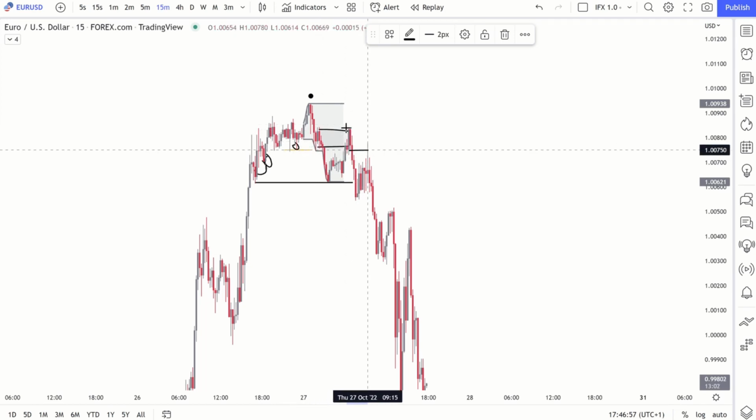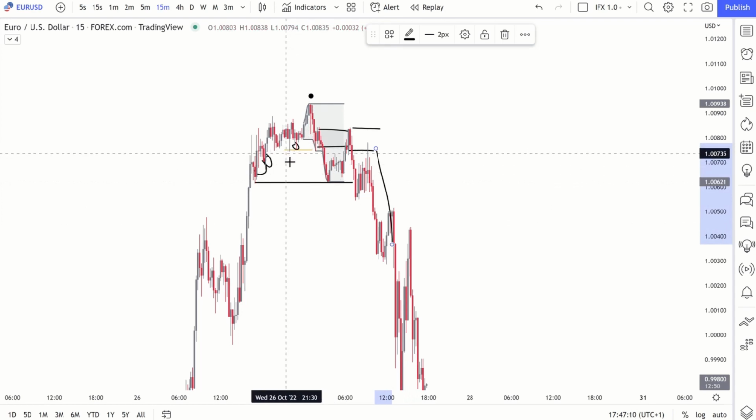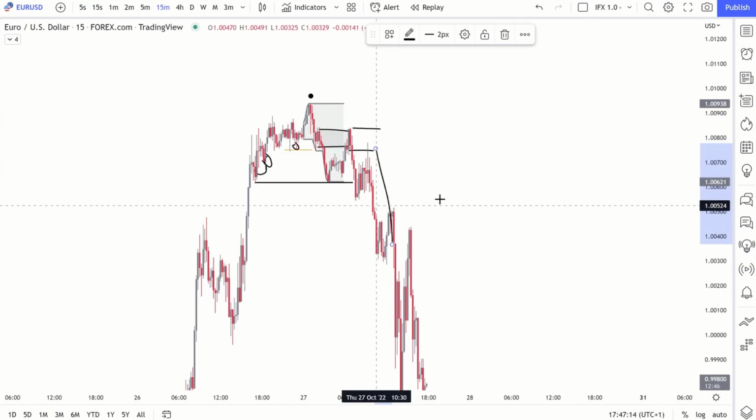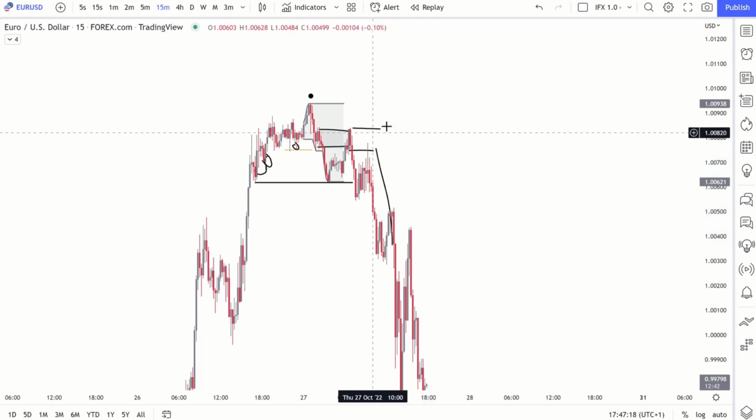Now, personally, I got swerved on this, but members in the community managed to get into this really beautiful setup. It's about looking at these concepts: change of character, supply holding, demand failing, and really stacking up those confluences to say that supply is in control.